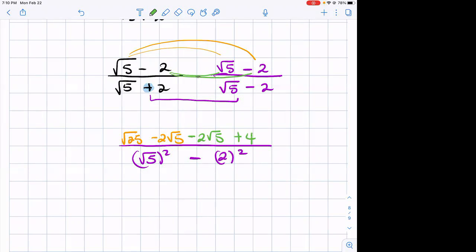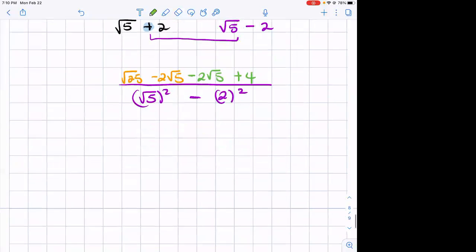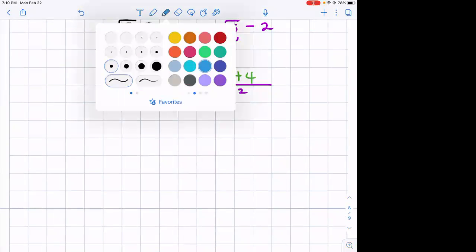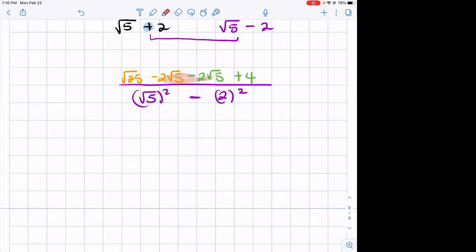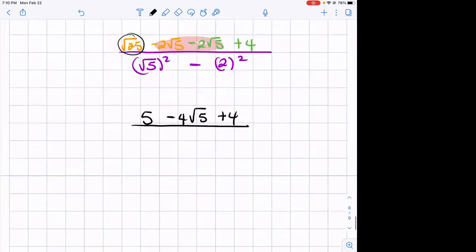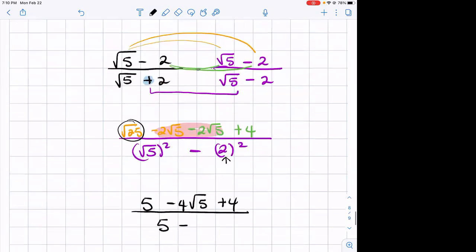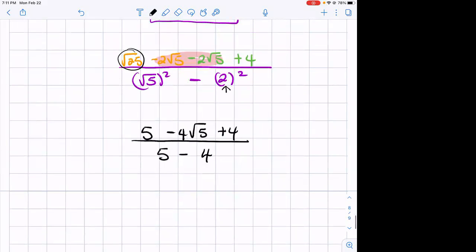Okay. Notice that your two middle terms are like terms. So we have, and the root of 25 is 5, so this becomes 5 minus 4 root 5 plus 4. And in the bottom, root 5 squared is 5, and 2 squared is 4.